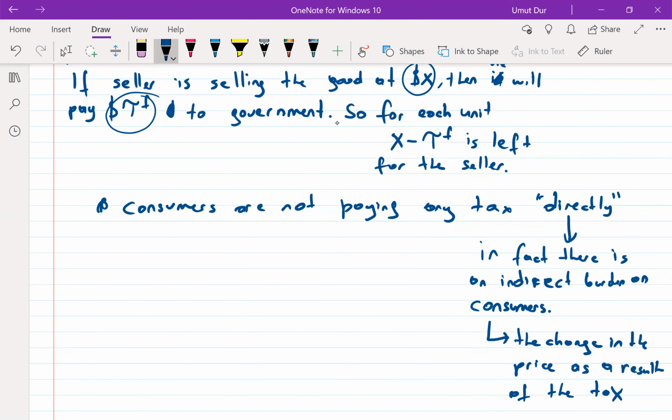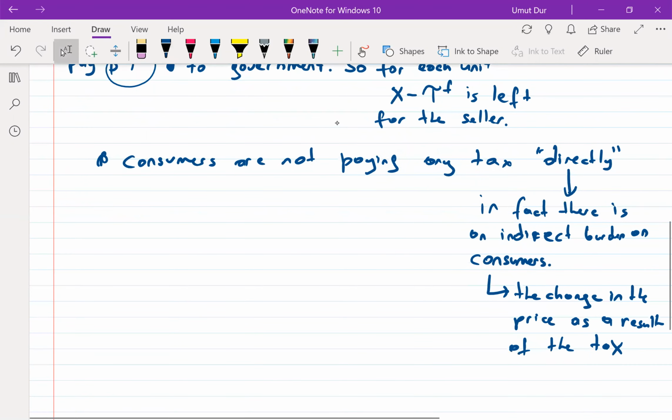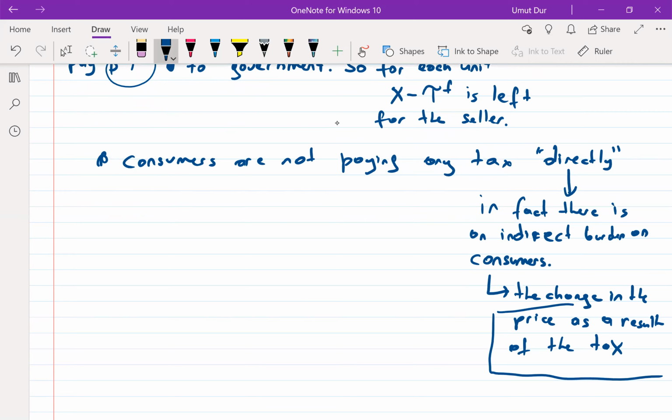So we will first try to understand why the price that is observed by the consumers will change here.